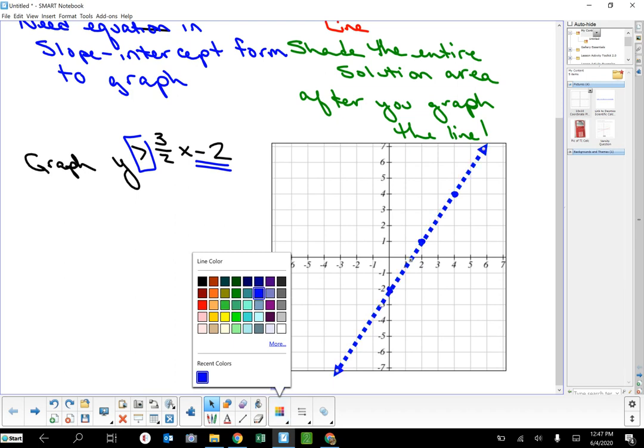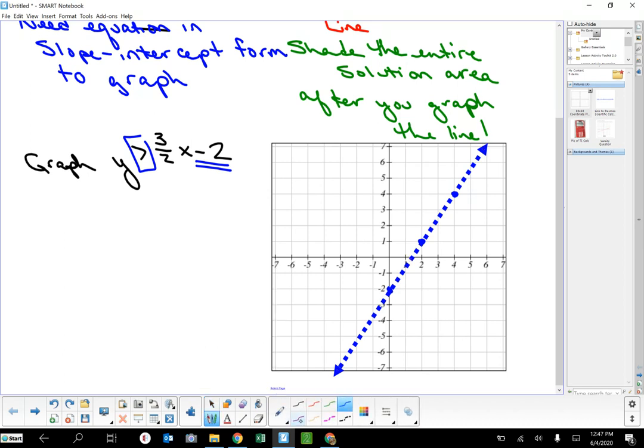And then after you get your line done, this is the next step, and it's the only different step. You need to remember that we have to shade. So I want you to pick a test point.